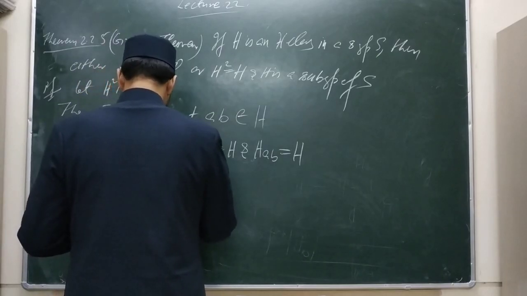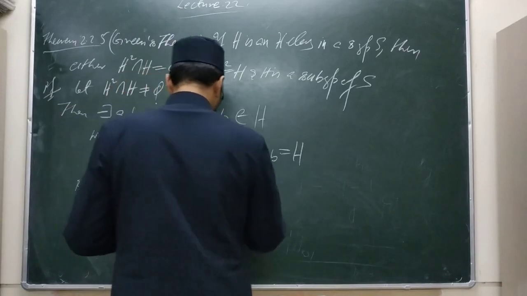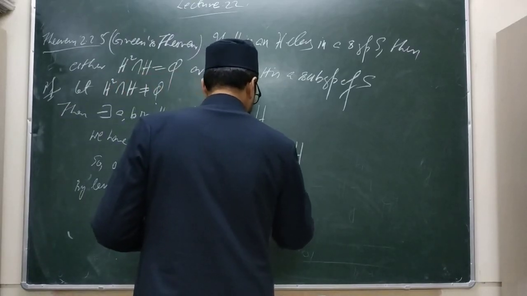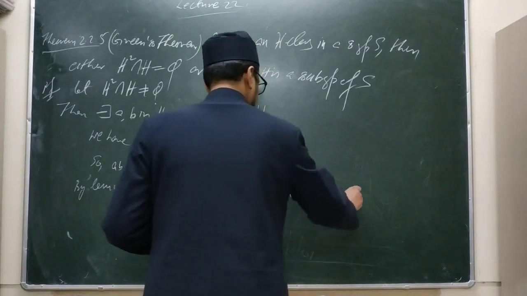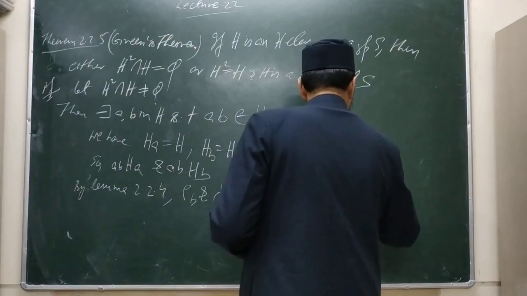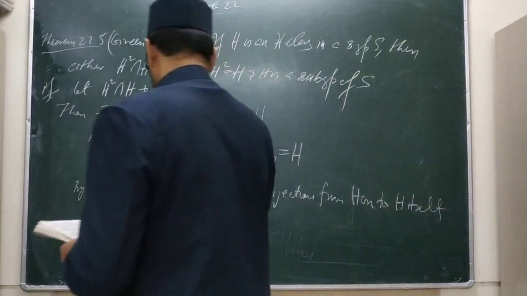Lambda b and rho b and lambda a are bijections from H onto H itself, correct? This will be by lemma 2.4.